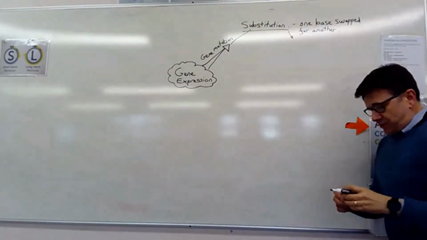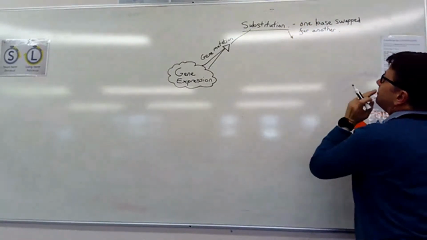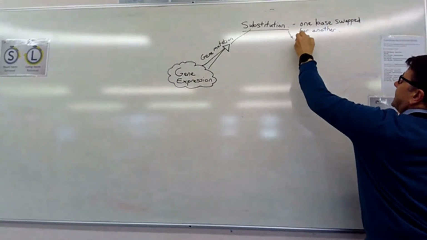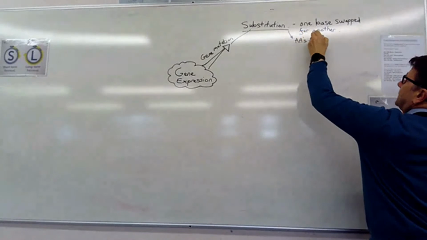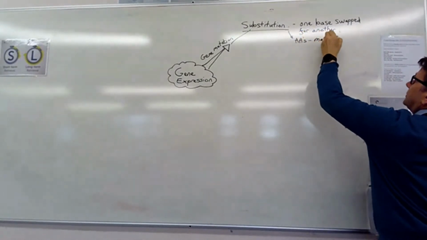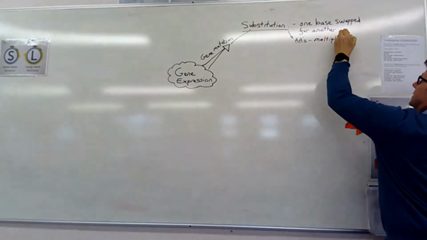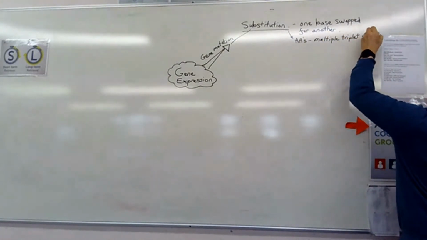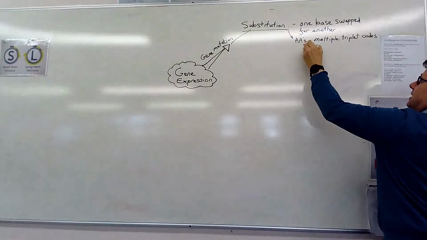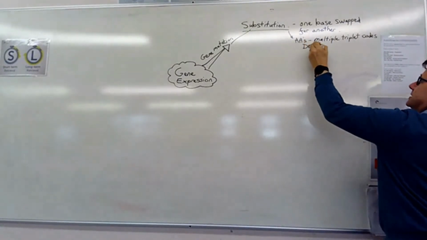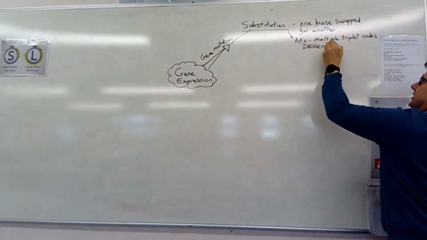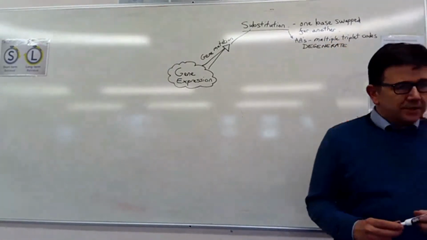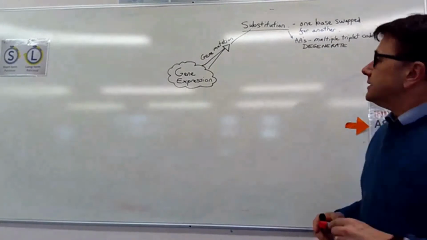It doesn't cause a frame shift, and actually most amino acids have multiple triplet codes. So you don't always get a change. And it's known as a degenerate code. Well done, degenerate. Very good.